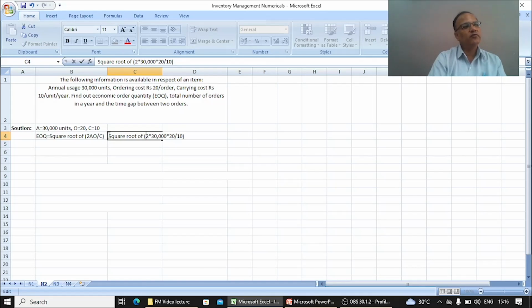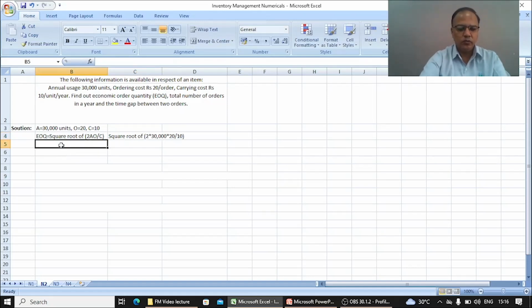Square root of this is around 345. EOQ is equal to 345.